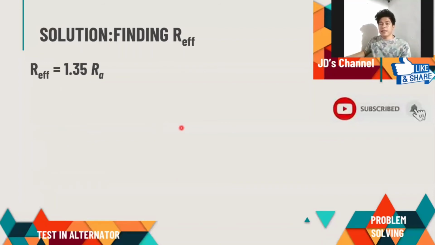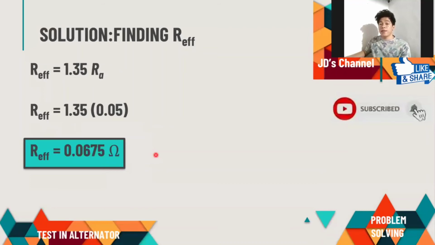Effective resistance is 1.35 of our RA. Substitute our obtained value of RA here: 1.35 multiplied by 0.05, and we will get 0.0675 in 4 decimal places, class. The effective resistance is 0.0675 ohms. Okay, so this is our answer.